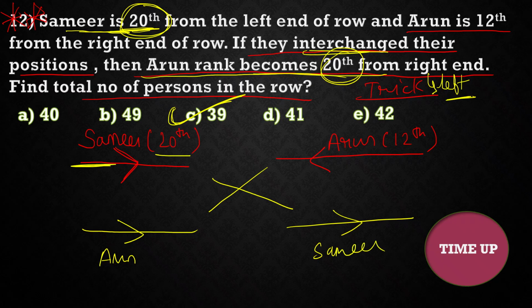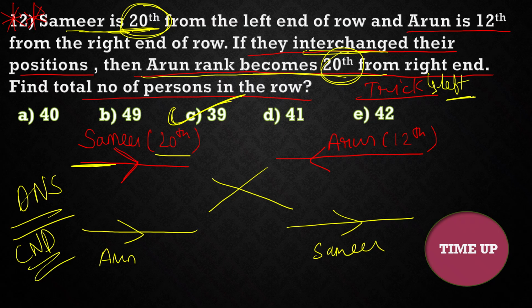So one thing you remember, if they ask you to find out the total number of persons in the row, then the answer here will be DNS, data not sufficient, or you can say cannot be determined. This will be your answer. Why? Because now you can see these arrows, right?